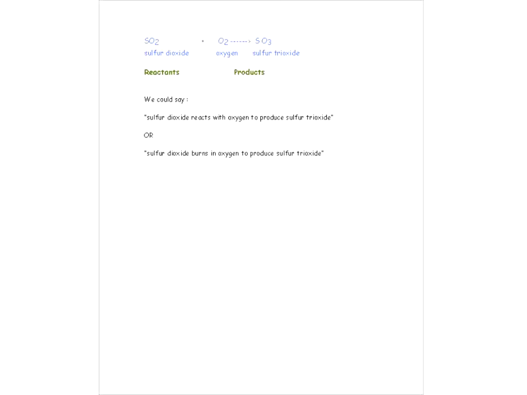So the question that we have here is we need to translate this into words. So if we were to translate it into a sentence, we would say sulfur dioxide, that's this here, reacts with oxygen to produce sulfur trioxide, or another way of writing the sentence is sulfur dioxide burns in oxygen to produce sulfur trioxide, assuming it was burning.